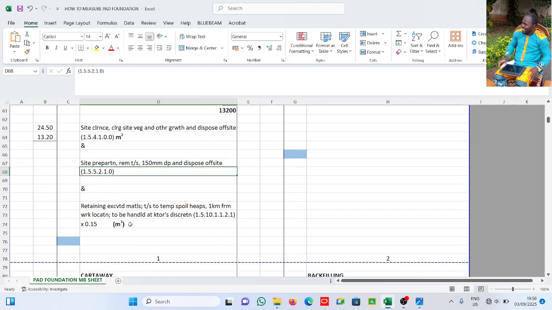And removing from site, when I'm moving from site and now multiply by 0.15, it is now a cubic meter item. You're disposing away from site. That's why you see here multiply by 0.15.